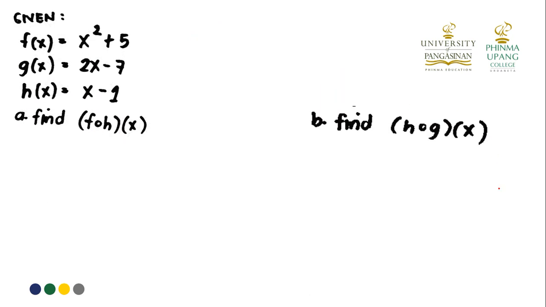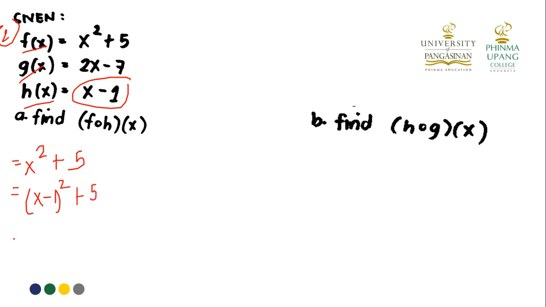Next. Number 2 naman, we have 3 functions na. f of x, g of x, h of x. So, yung una natin, still, ganun pa rin yung process. Yung f yung binanggit, sulat natin is x squared plus 5. And then, since h po yung ginamit, x minus 1. So, magiging x minus 1 squared plus 5.